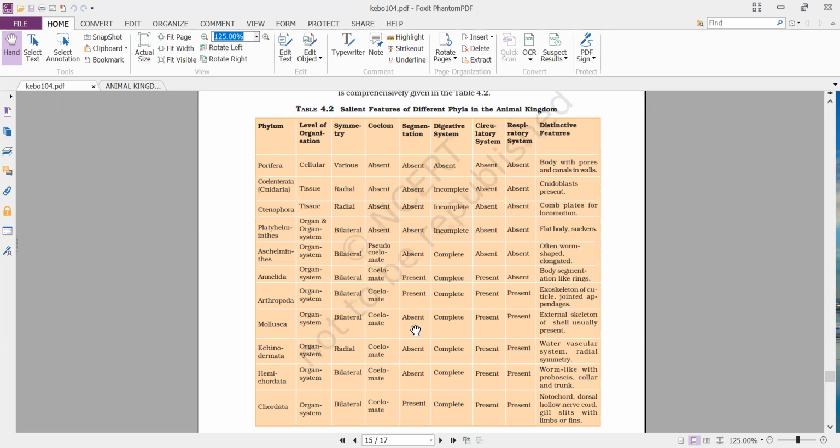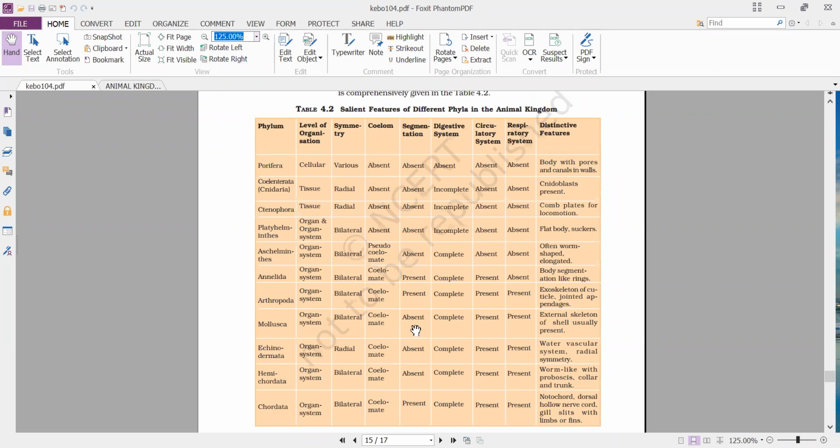The different organisms possess some different characters, like the presence of a water canal system in porifera, the presence of cnidoblasts in coelenterata, and the presence of comb plates for locomotion in ctenophora. The term platyhelminths came because the body is flat and they possess suckers.